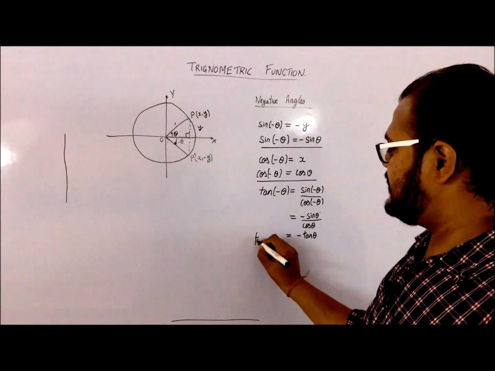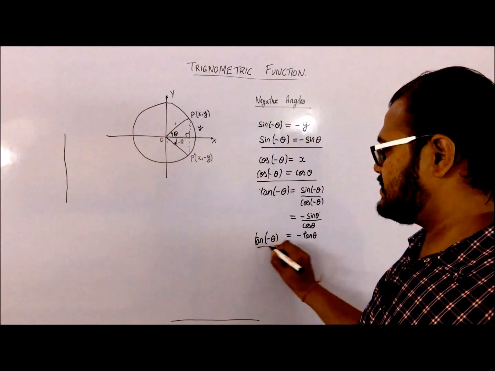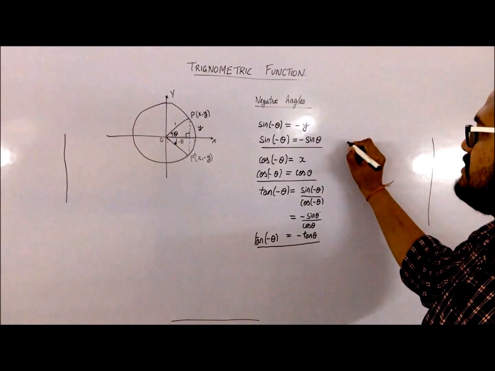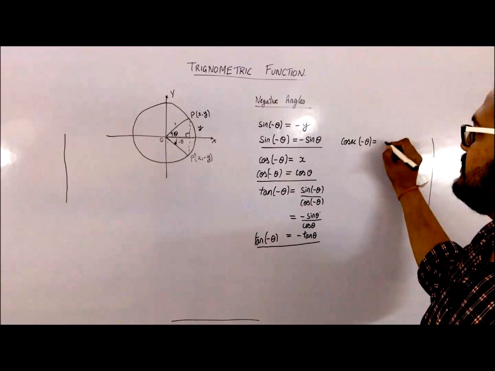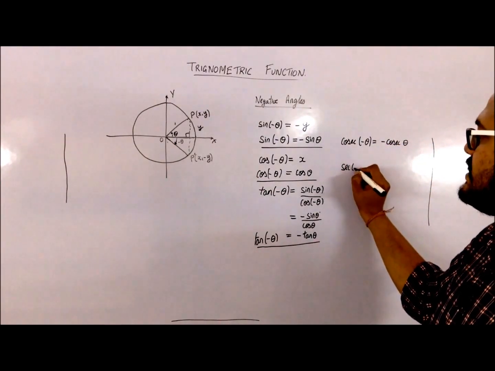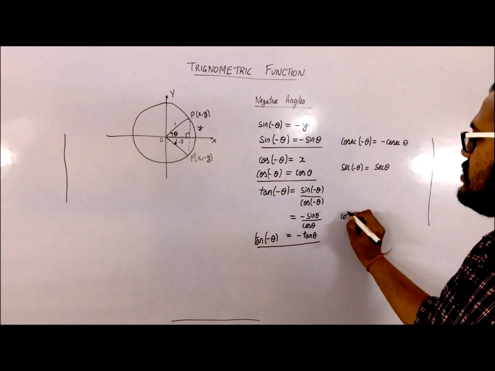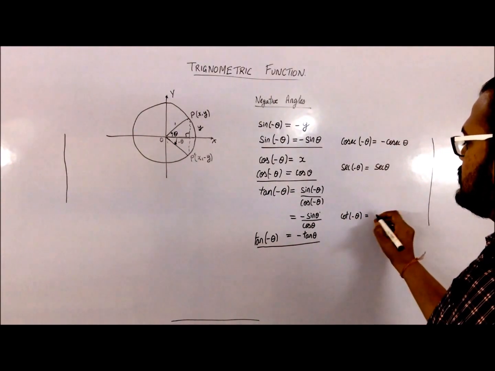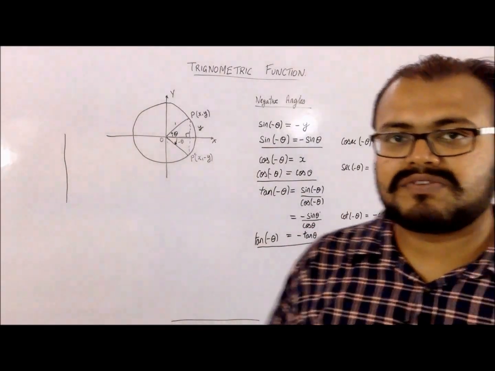So that is why my tan of minus theta gets me the answer of minus tan theta. If you go in a similar way, I can prove that cosec of minus theta will get me the answer of minus cosec theta. Sec of minus theta will get me the answer of sec theta, and cot of minus theta will get me the answer of minus cot theta. So these are the formulas for negative angles.